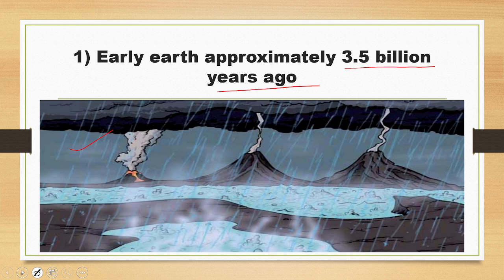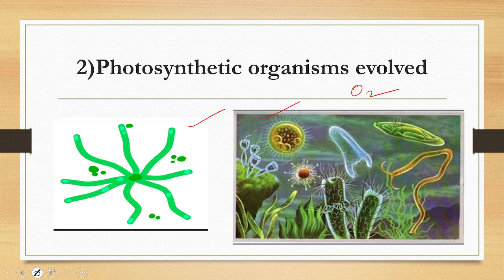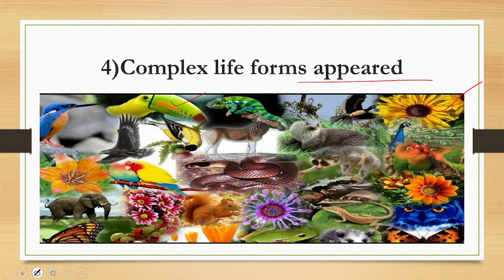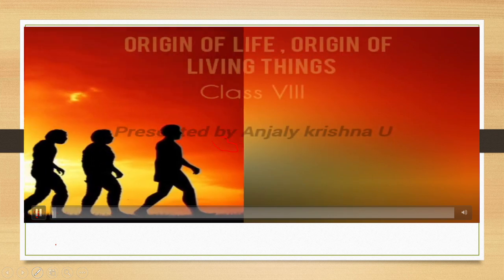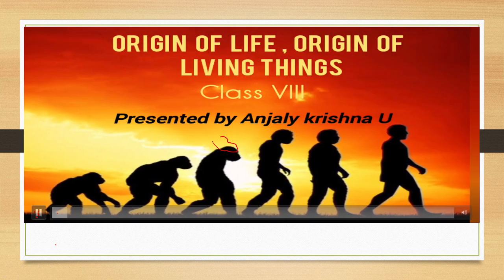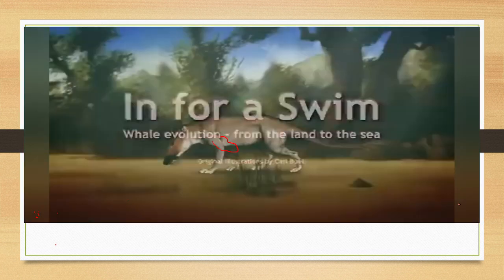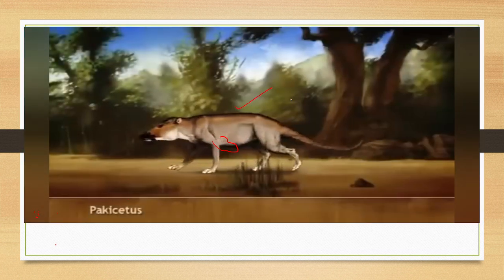And how did early organisms contribute to evolution of complex life forms? We had seen the steps. Now we are going to the video part. In this, what is the ancestor of modern whales? Modern whales' ancestor is the Pachycetus.